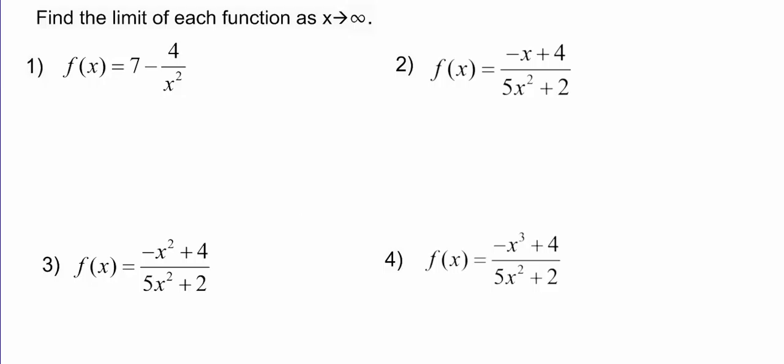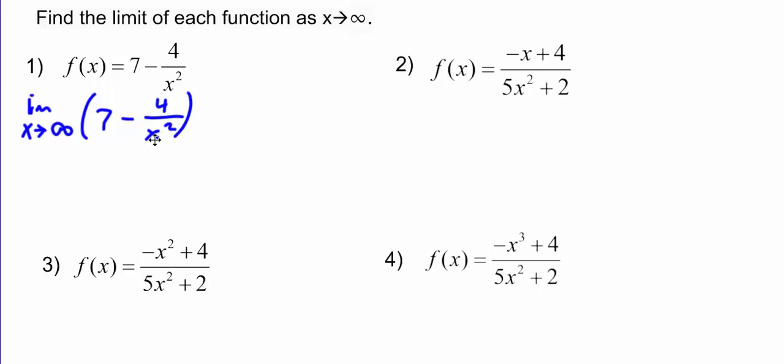If I look at number 1 here, I see that it's saying to find the limit as x approaches infinity. And by the way, that's the instructions for all these, so it's not written here. It just says to find the limit of the function. As x approaches infinity, we'll have the limit as x approaches infinity of 7 minus 4 over x squared.